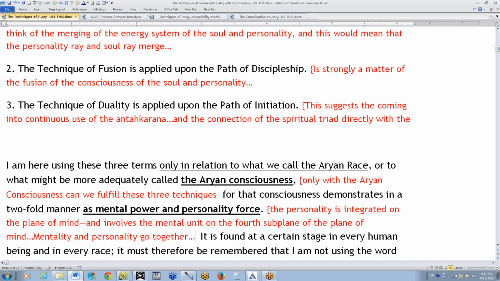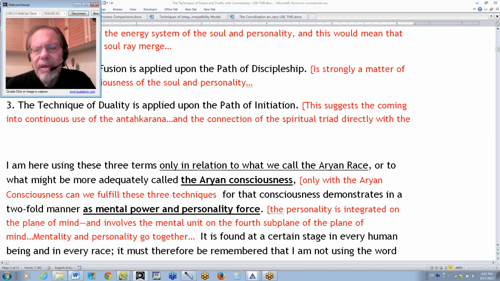So it is found, for that consciousness demonstrates in a twofold manner, Aryan consciousness as mental power and personality force. There is much integrated power connected with the fifth ray, which distinctly understands through Leo what one is and what one is not, at least in a stage which is occurring before identification occurs.